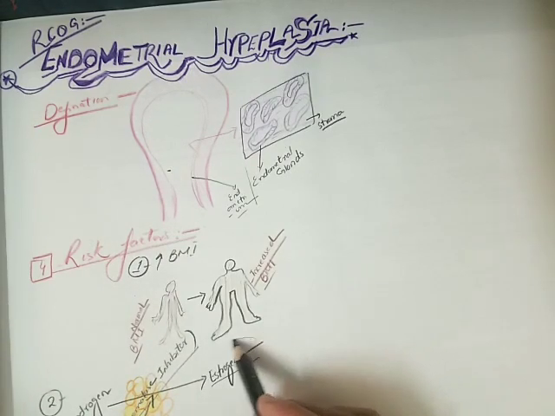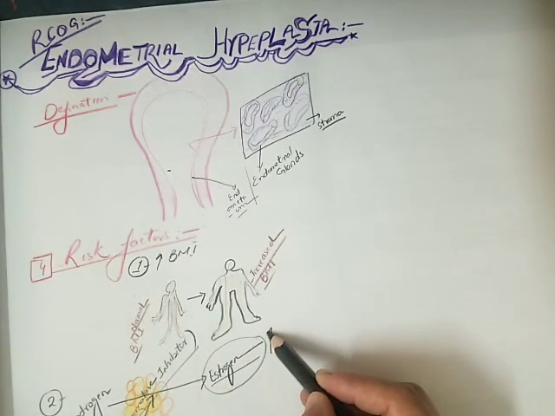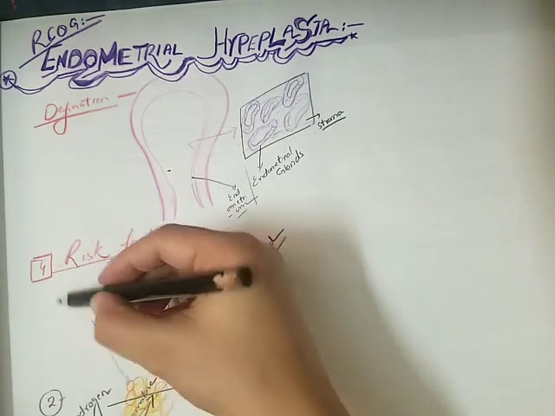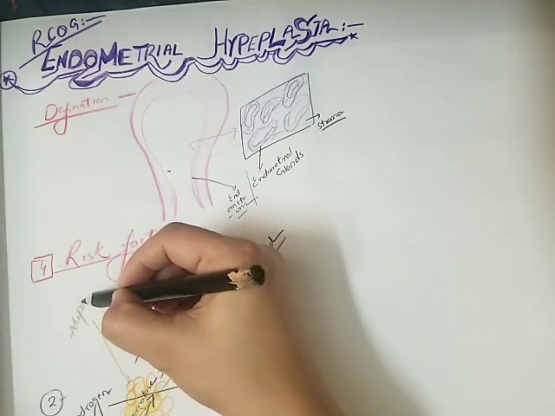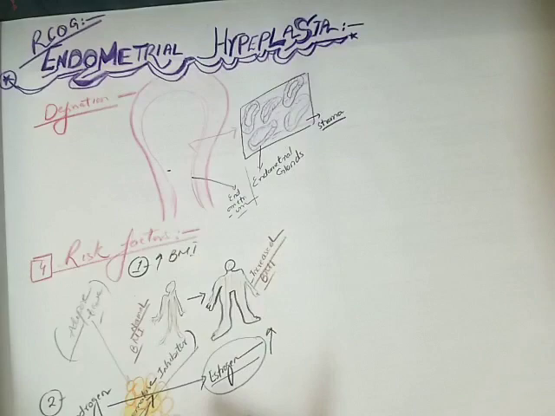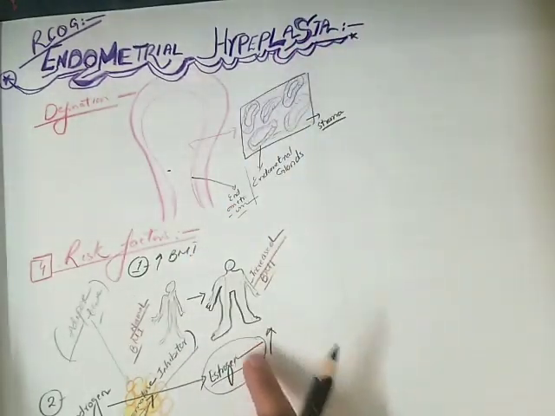So whenever there is excessive conversion into estrogen in the adipose tissue, this is again another risk factor for developing endometrial hyperplasia, because it is related to the estrogen level.